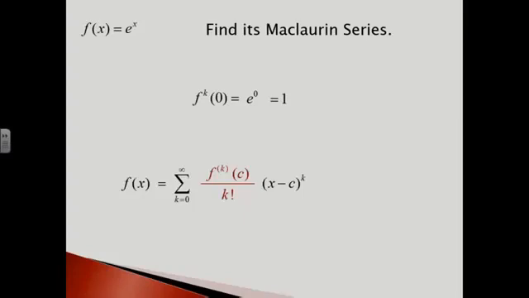Substituting in the formula of the Maclaurin series gives f(x) equals sigma k from 0 to infinity of the kth order derivative of f at c divided by k factorial multiplied by x minus c to the power of k. C equals 0, so it is simplified as sigma k from 0 to infinity 1 over k factorial multiplied by x to the power of k.